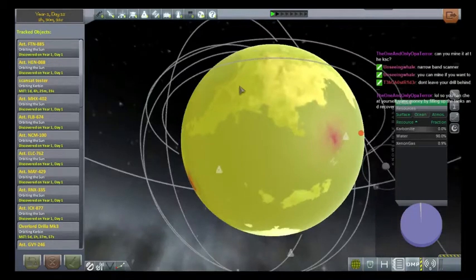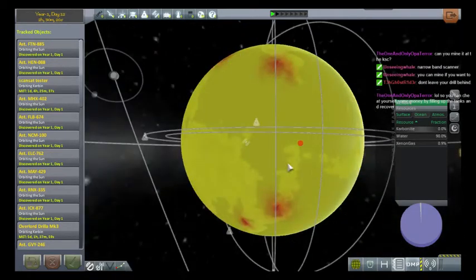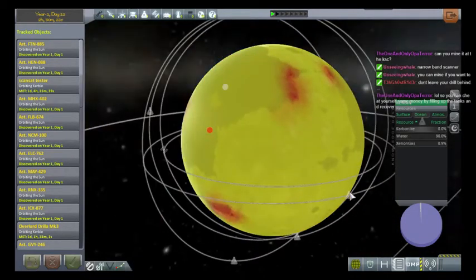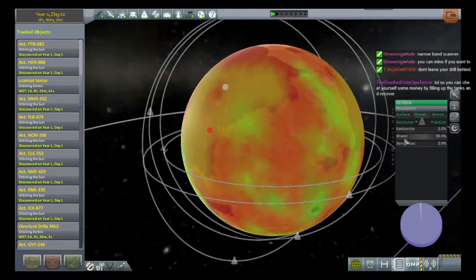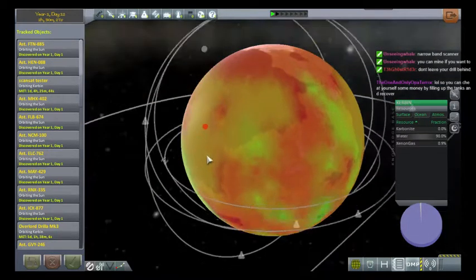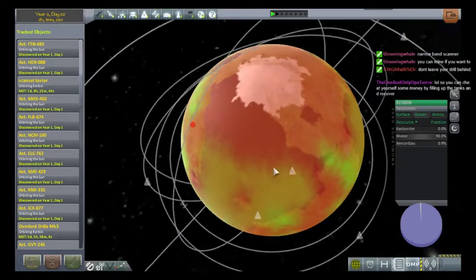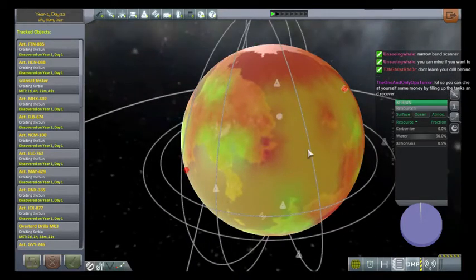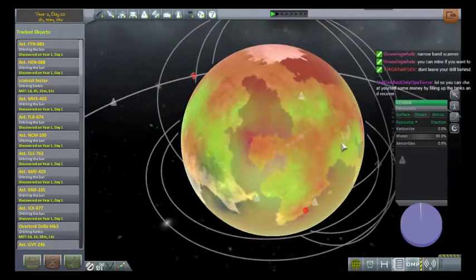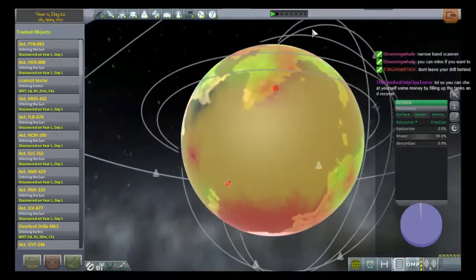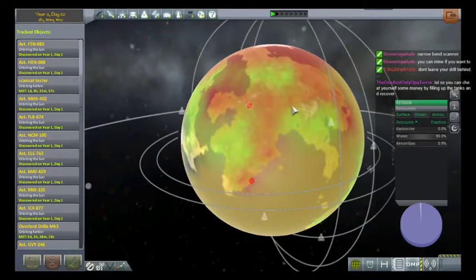You can kind of see the splodges. And as for water, well, kinda doesn't look good. I think I will be changing the resource config for water. That really doesn't look right to me.